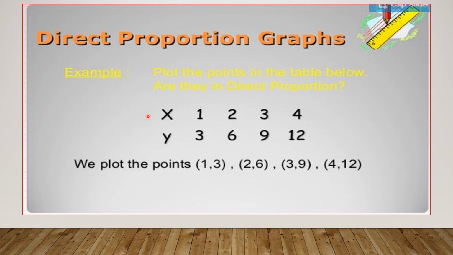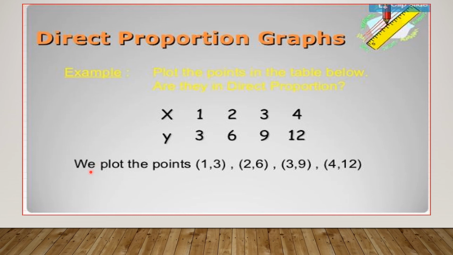The second step is we are going to plot the ordered pairs in the Cartesian plane. And in the third step, we are going to join the points. After joining the points, we are going to check whether the line is straight. If it is straight, then whether it is passing through the origin or not. If it passes through the origin and the line is straight, then the relation between x and y is direct.